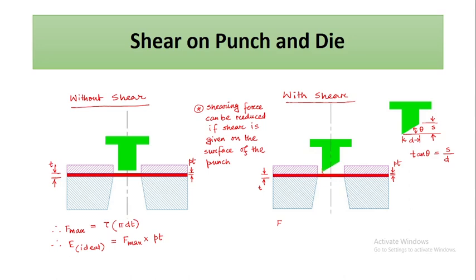That means when this point reaches this depth, the punch has to travel the distance of S plus this distance PT. So the punch travel will be PT plus S.